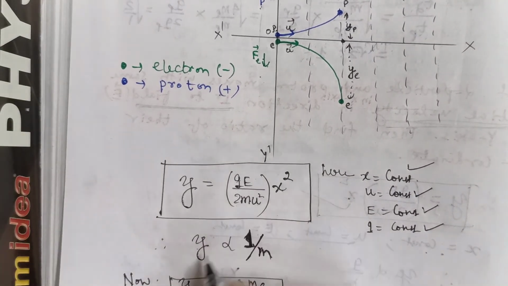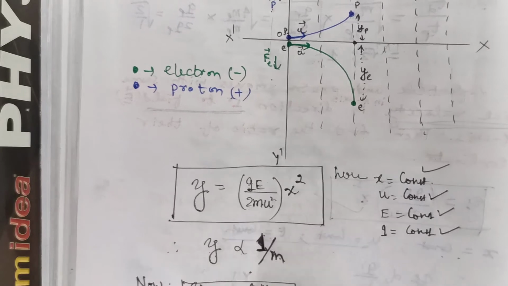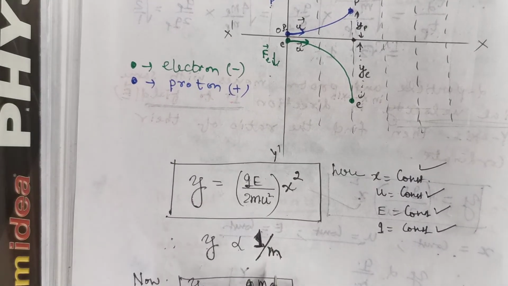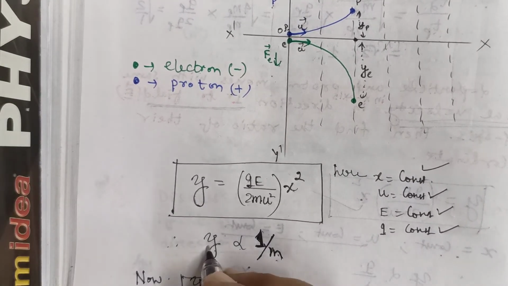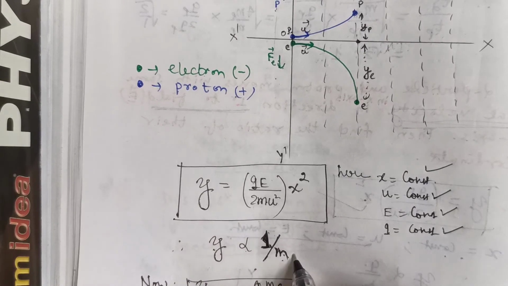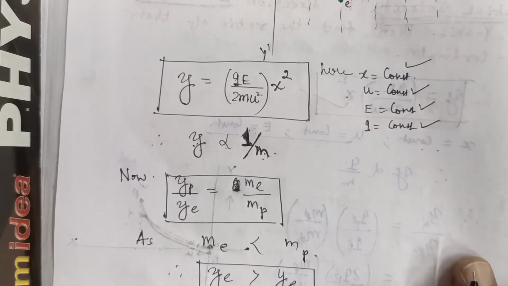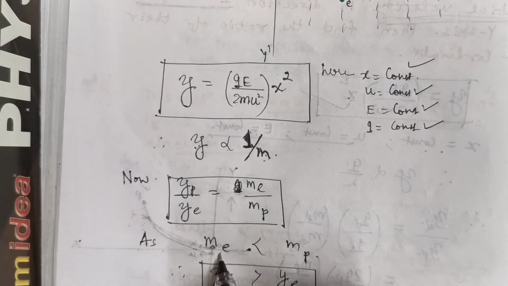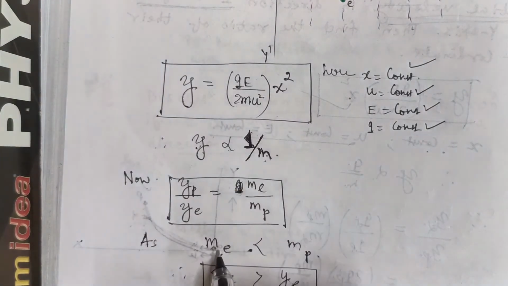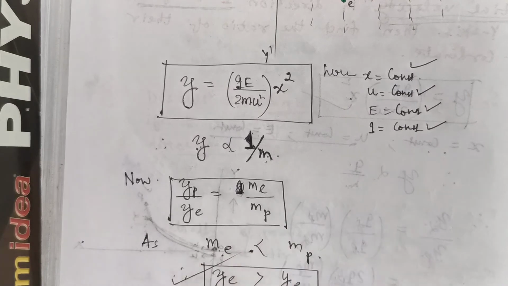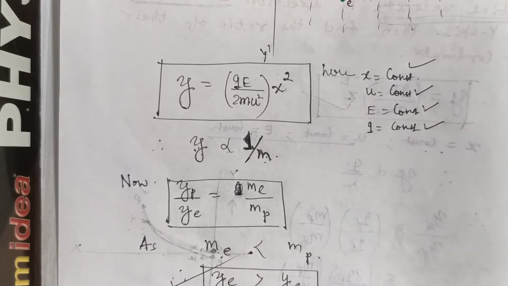The only variable is mass, y proportional to 1 by m. That means the more the mass, the less the deflection; the less the mass, the more the deflection. Out of electron and proton, you know the mass of the electron is less. So the y deflection of the electron will be more. So we can say the electron will deflect more.